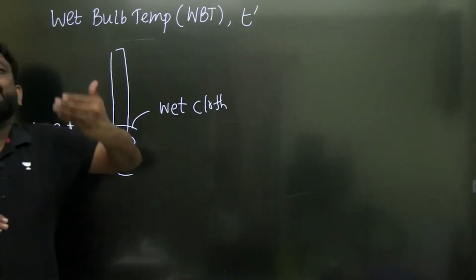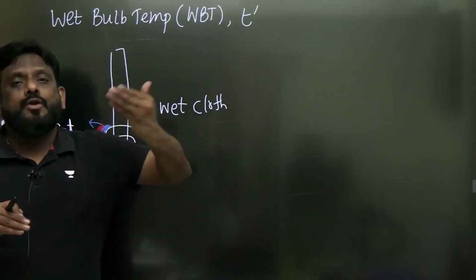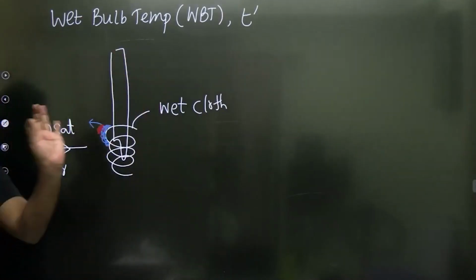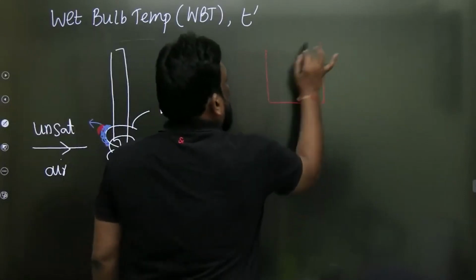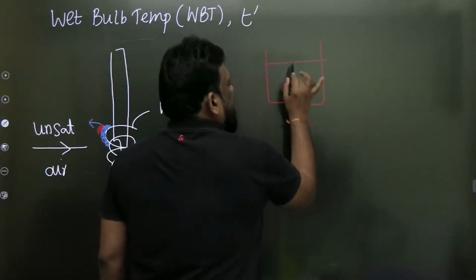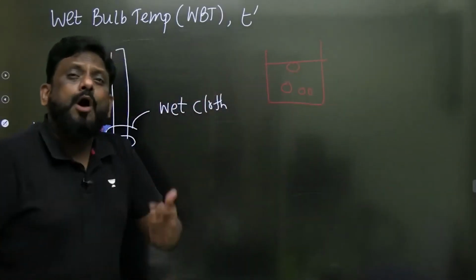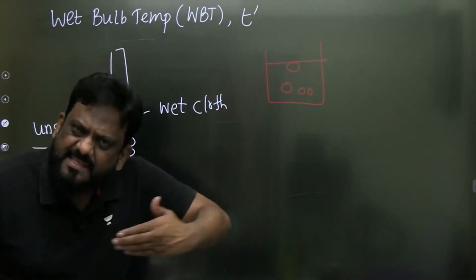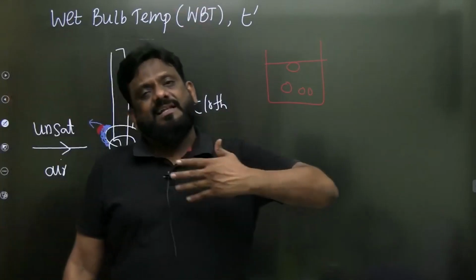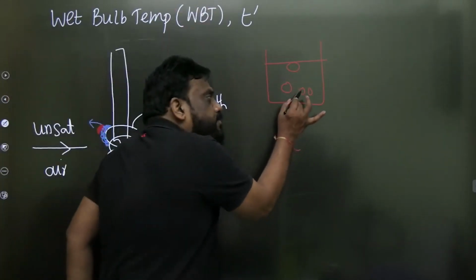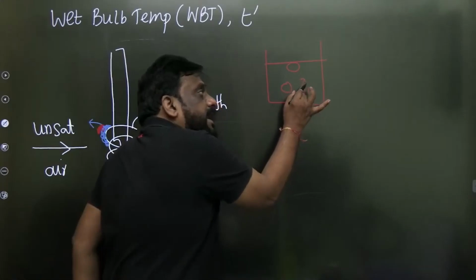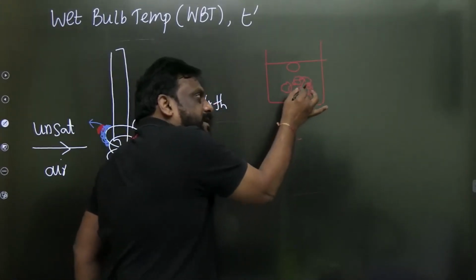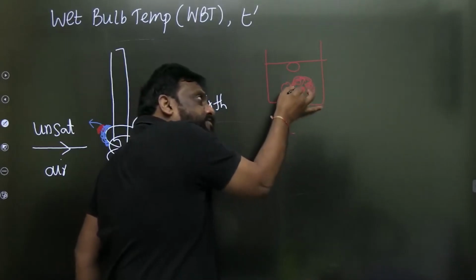Surface molecules have higher molecular activity due to high translational energy. Simple logic, tell me: there are molecules inside, and there are molecules here. Which molecules have the tendency to escape? If the inside molecules have to move, they have to overcome the resistance of all the cohesive forces, because they are surrounded by corresponding fluid molecules.